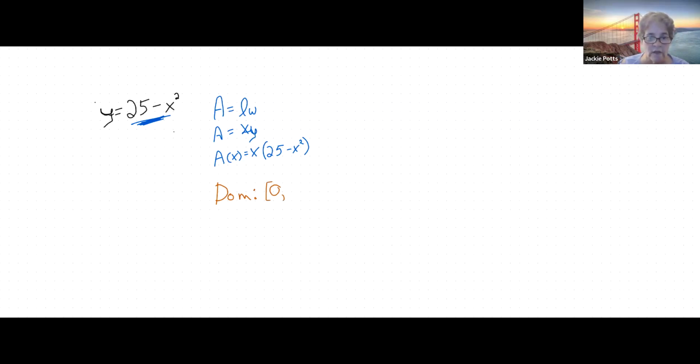Well, you set each of these factors to 0. So that's where the first piece comes from: x equals 0 and 25 minus x squared equals 0. And I'm going to solve. So I'm going to subtract off the 25, and then I have negative x squared equals negative 25.